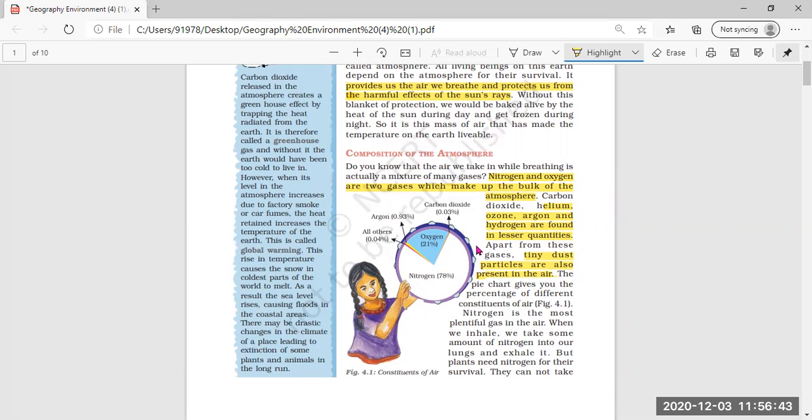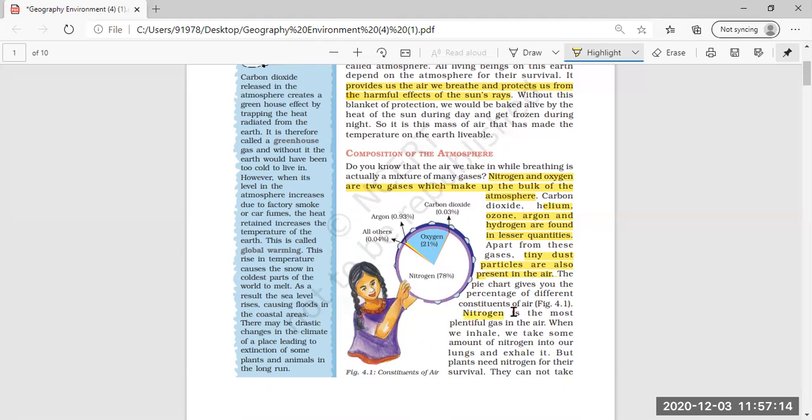Then carbon dioxide is 0.03 percent, argon is 0.93 percent, and other gases are 0.04%. Through this pie chart, it is made clear how much nitrogen, oxygen, and other gases are present.